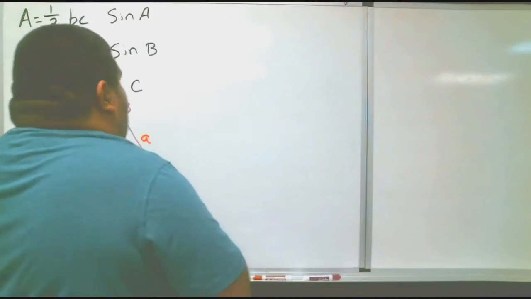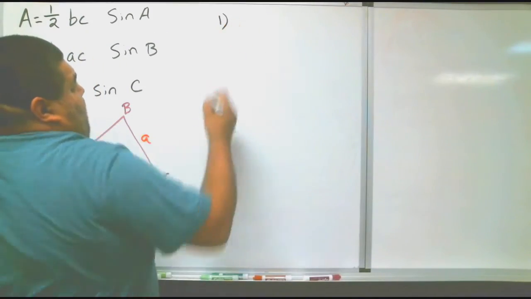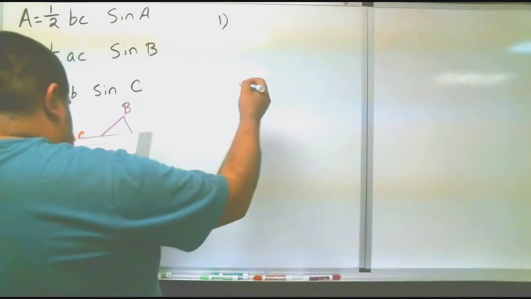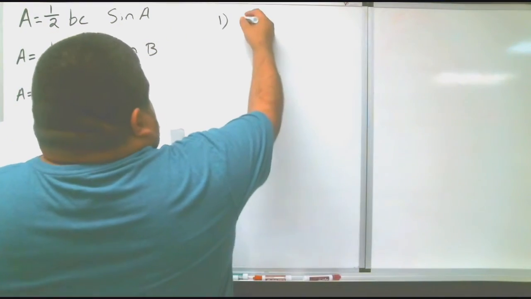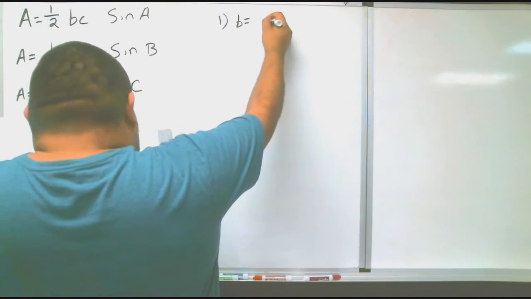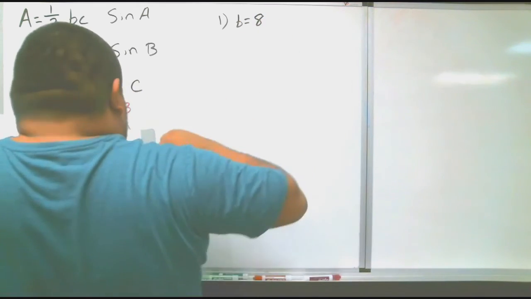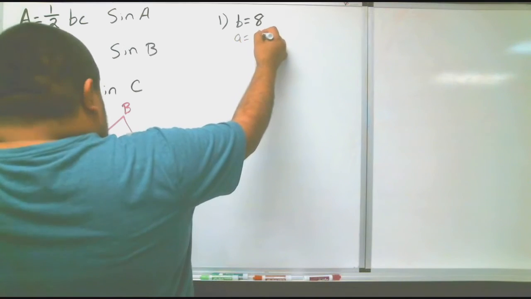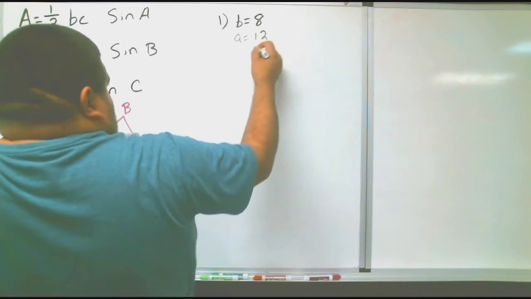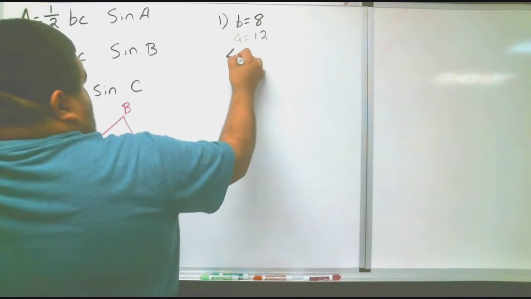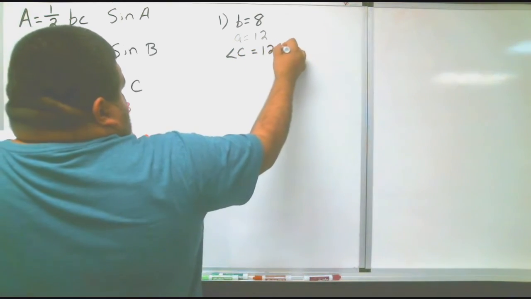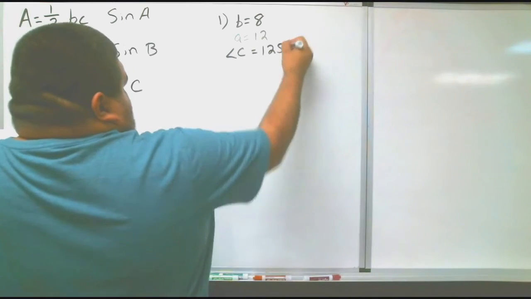So for the first one, for number 1, we have little b equals 8, little a equals 12, and angle C equals 125 degrees.